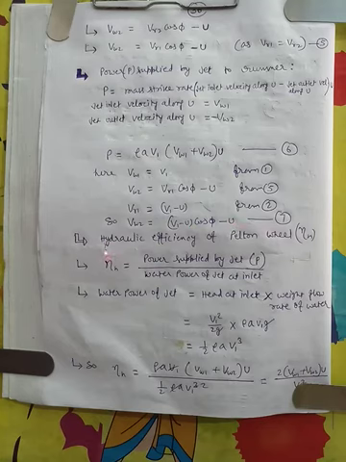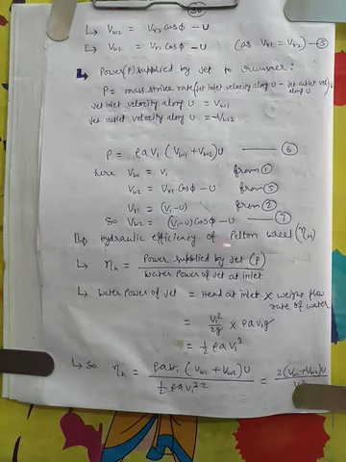Now we will find the hydraulic efficiency. This is the power we have found out, and Vw1, Vw2 we all know, and V1 can also be found by using the equation of head as we have seen in the last page.